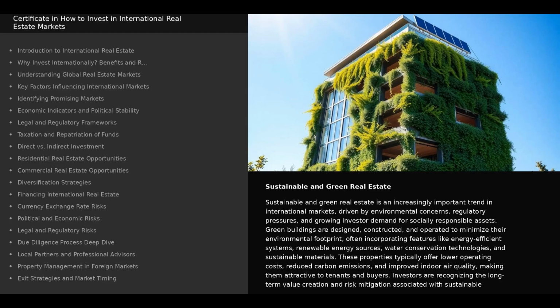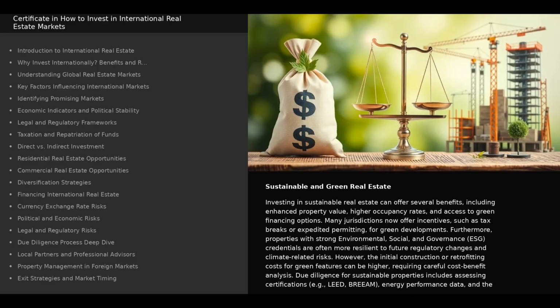This focus on sustainability is not just ethical, but also financially prudent. It reflects a shift in global priorities. Investing in sustainable real estate can offer several benefits, including enhanced property value, higher occupancy rates, and access to green financing options.